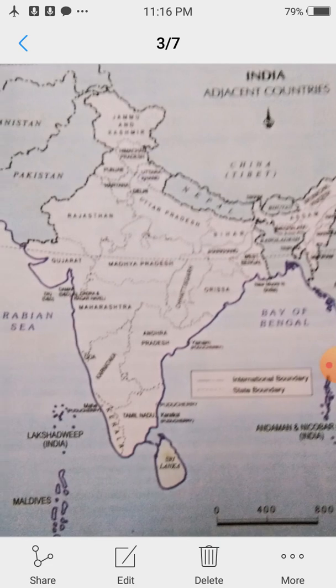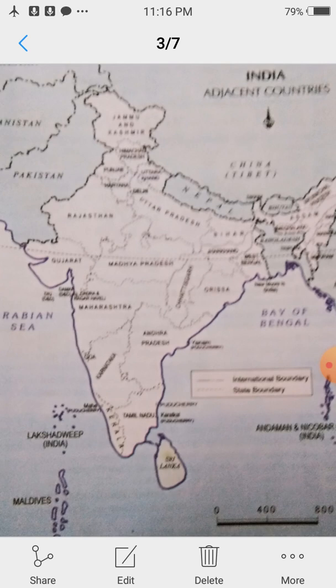To the southeast and southwest of the mainland lie the Andaman and Nicobar Islands in the Bay of Bengal and the Lakshadweep Islands. Gujarat, Rajasthan, Madhya Pradesh, Chhattisgarh, Jharkhand, West Bengal, Tripura and Mizoram are the states through which the Tropic of Cancer passes.